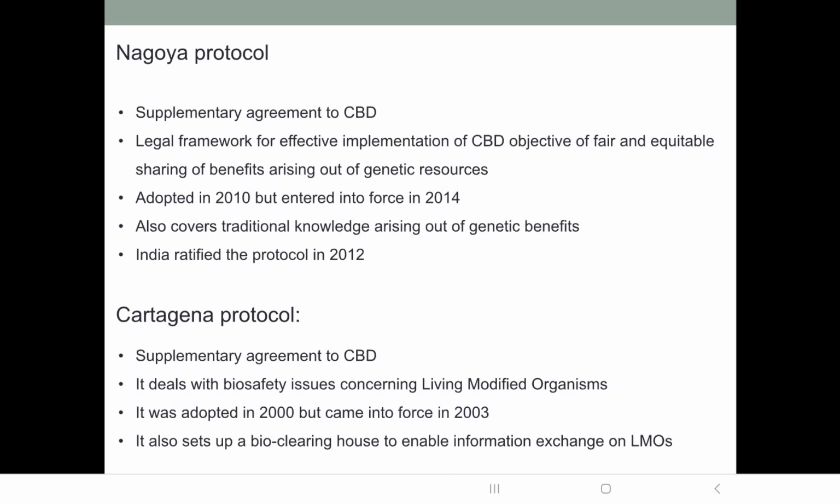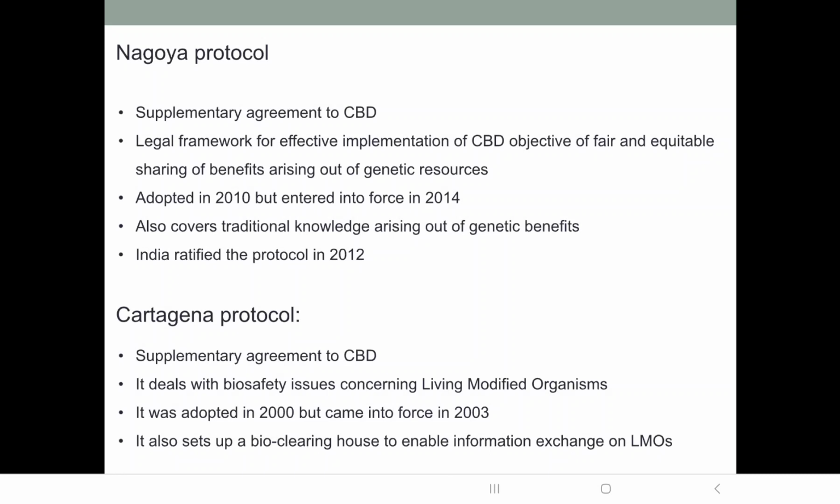Suppose there are two plants and one plant is highly resistant to drought conditions, and I want to insert that gene into another plant where I want this character to be seen. So I will insert this gene into the plant. I modified the plant which originally did not have drought resistance. So these are called living modified organisms.